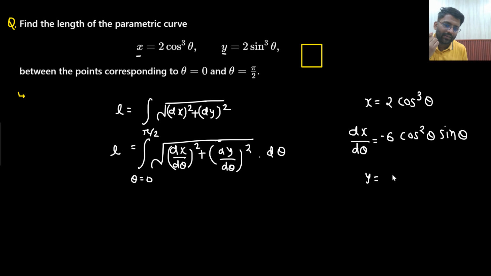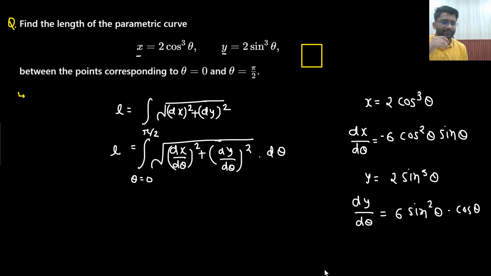And what is y? y is 2 sin cube theta. So dy by d theta: 3 comes outside, this will become 3 sin square theta, and the differentiation of sin theta will become cos theta.